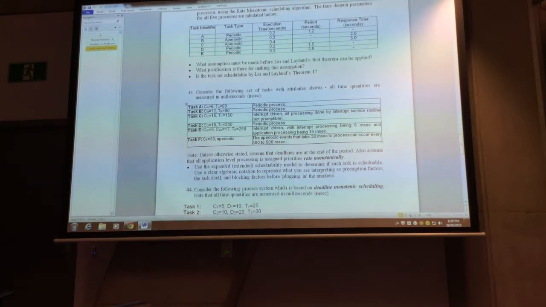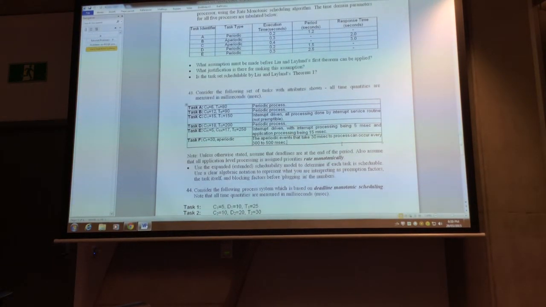It says for the aperiodic task, it takes 30 milliseconds to compute every 300 to 500 milliseconds. So what are we going to do about the period for that aperiodic task? We're going to use worst case.